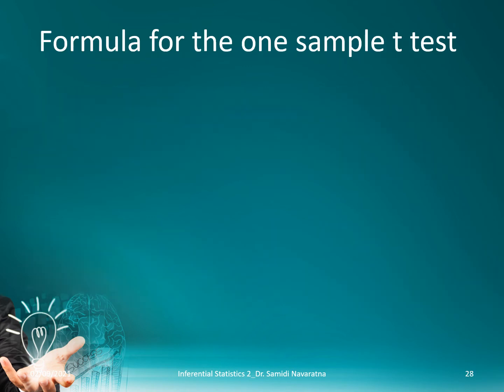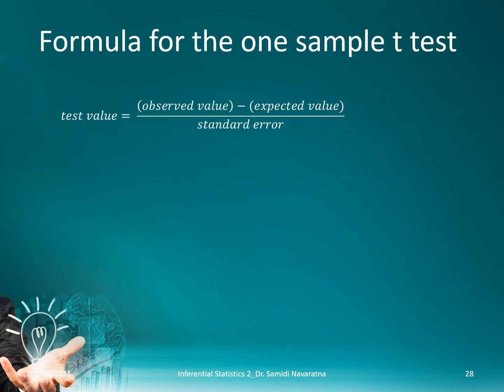Formula for the one-sample t-test. Again, the common equation is the test value equals observed value minus expected value divided by the standard error. So it's very much like the Z test.